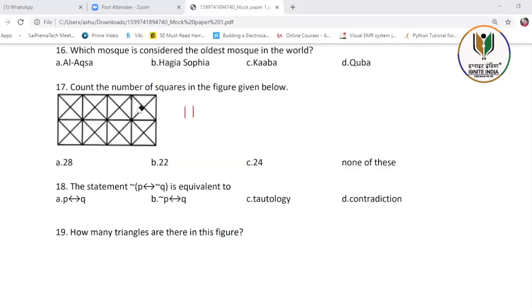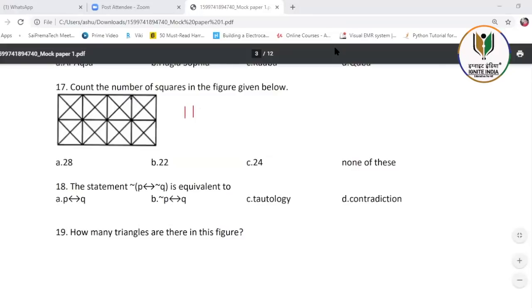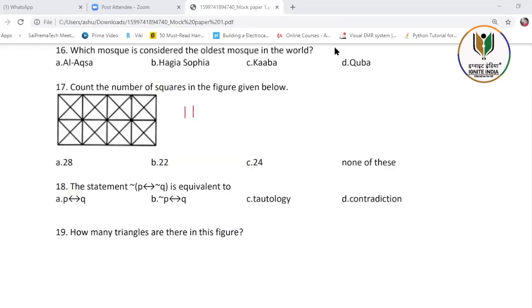Once you consider the straight ones, it is time to consider the tilted ones. Even these are squares, right? The same formula method will apply. Here also there are 5, and here also there are 5.